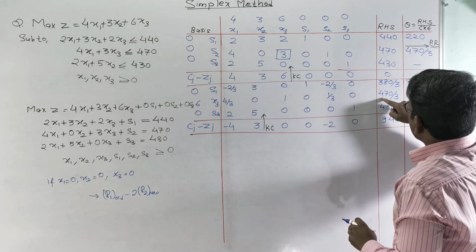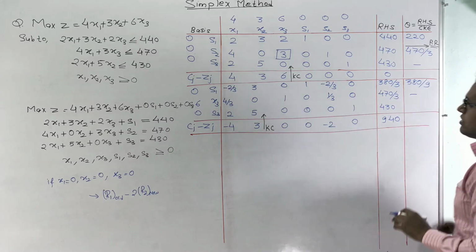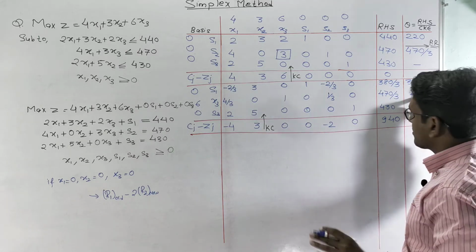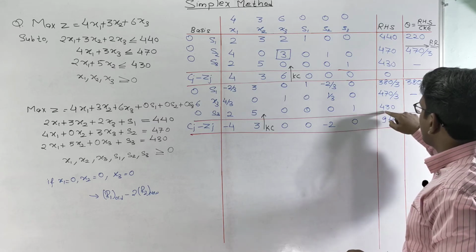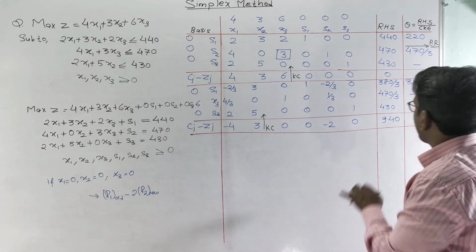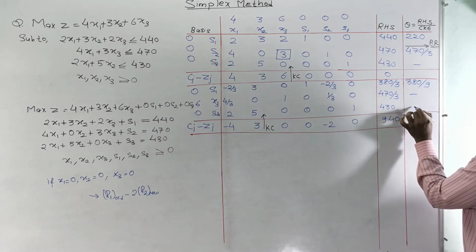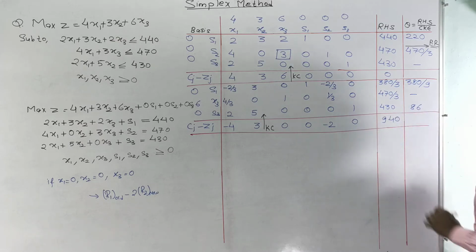Next, 470 by 3 divided by 0 is infinity, and we will not calculate it, or put a dash sign instead. And the third is 430 divided by 5. So I'll double this, it will become 860, so this will be 86.